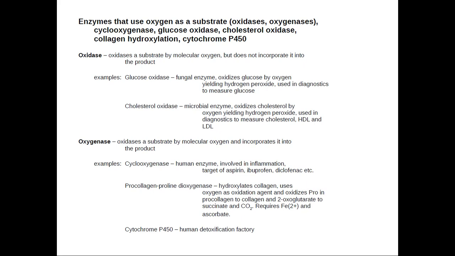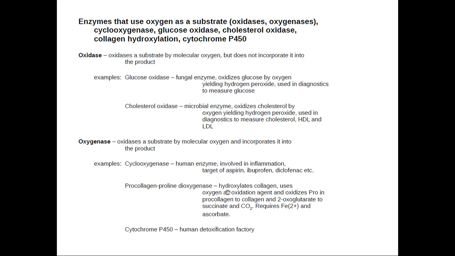This is because this enzyme requires iron 2+ for its catalytic activity, and ascorbate, so vitamin C, is used to keep this iron in the reduced state. Otherwise this enzyme doesn't work.